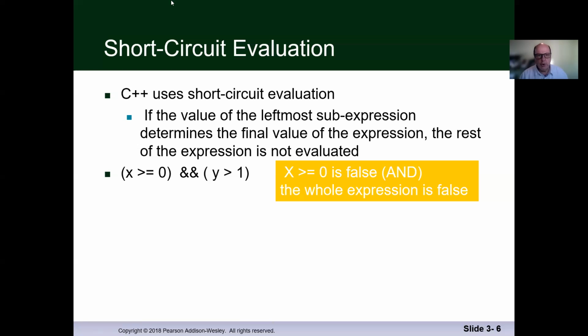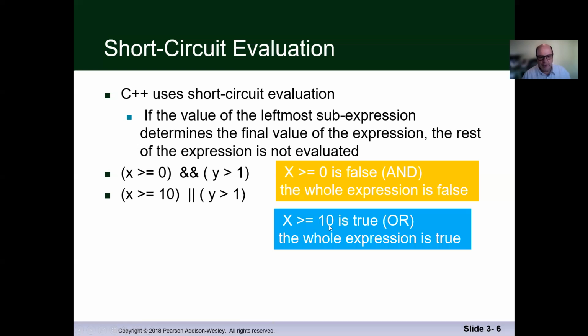Now, let's look at the OR. I changed the x to 10. I'm checking to see if x is greater than or equal to 10. Remember, for the OR, all I need is the first one to be true. So if x is greater than or equal to 10, it doesn't matter what y is, the whole thing is going to be true.